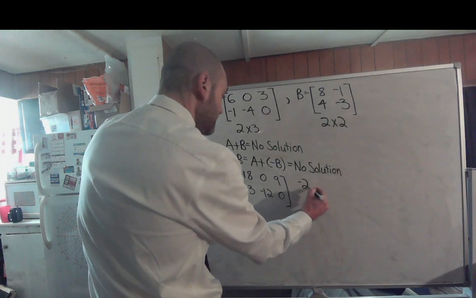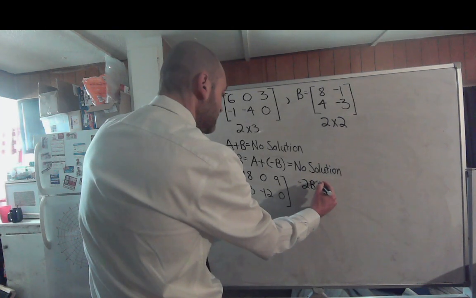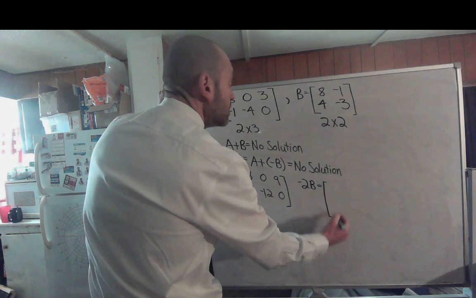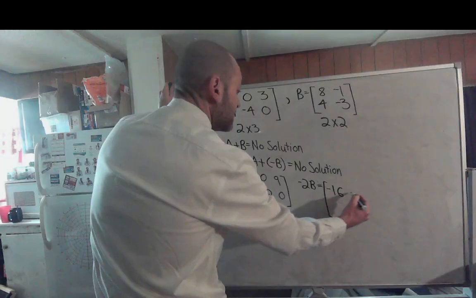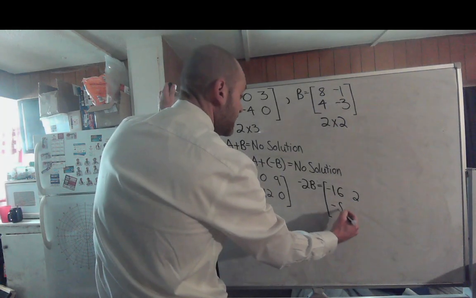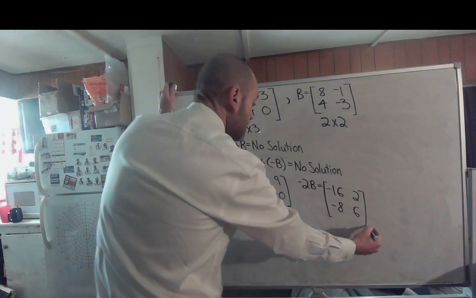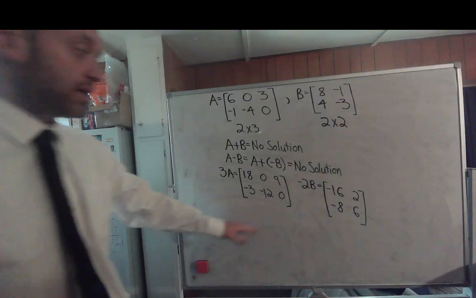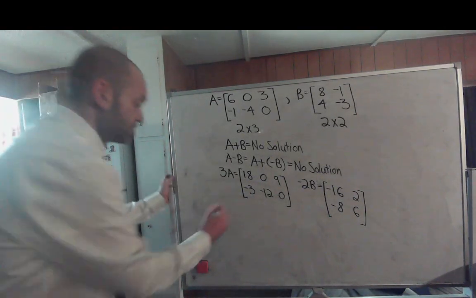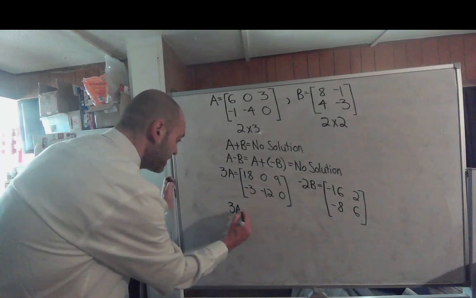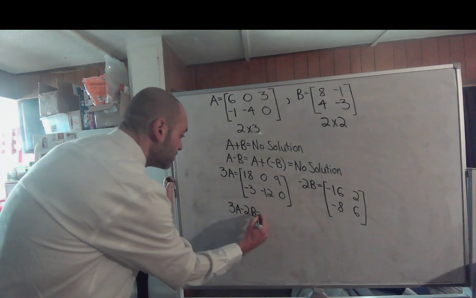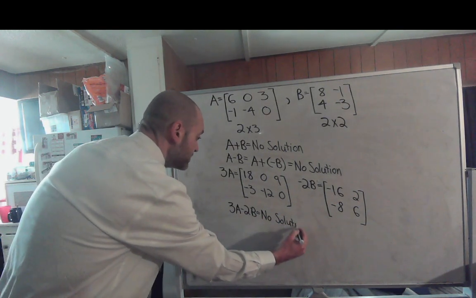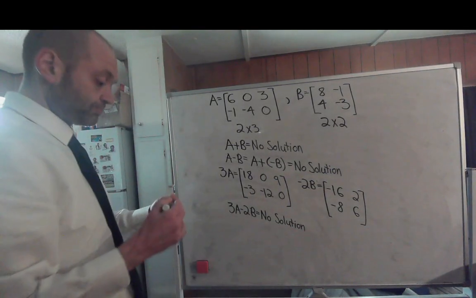If I take negative 2 times b, that's going to equal negative 16, 2, negative 8, 6. But I'm not going to be able to do 3a minus 2b because these are still different dimensions. So 3a minus 2b would also have no solution in this particular case.